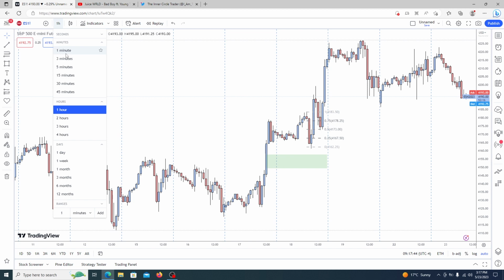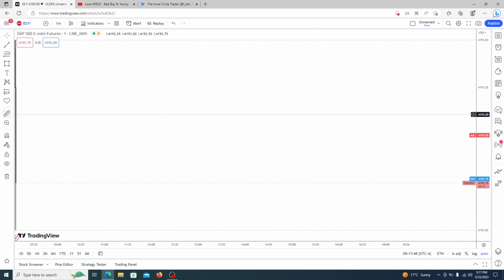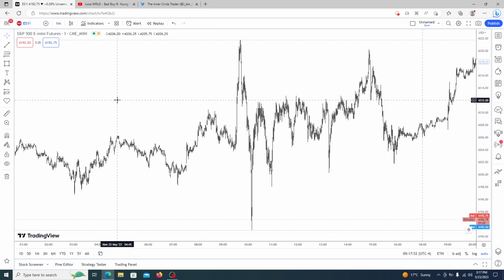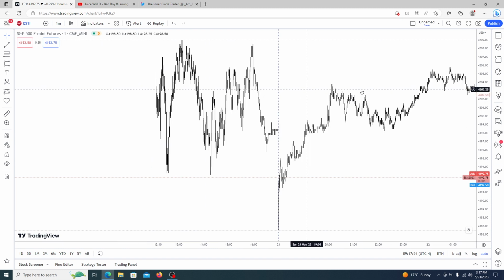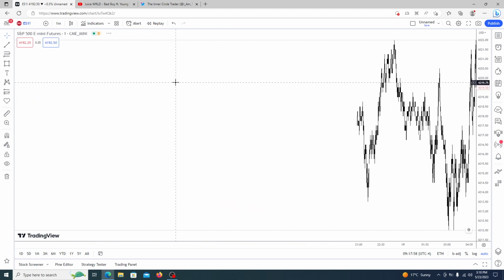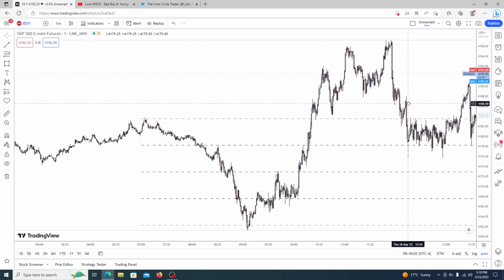So let's go down into the 1-minute time frame and let's see how we could have applied this failed FIB trading idea, or inversion FIB idea, to find a setup. All right.